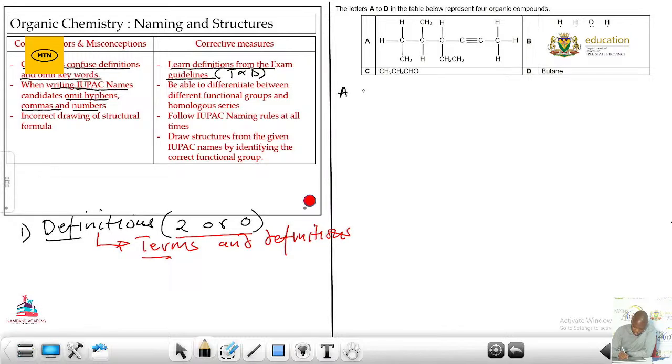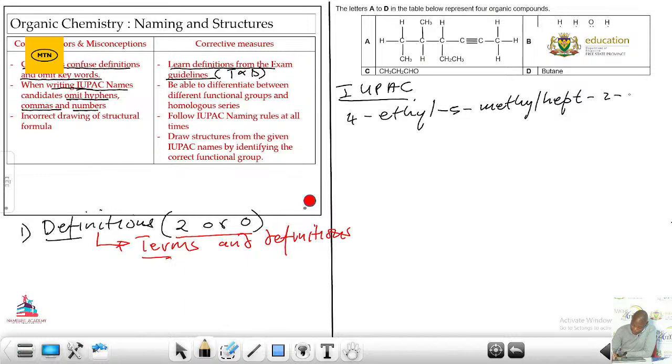When I use A as an example to give the IUPAC name of A, I have it here as 4-ethyl, 5-methyl, hept-2-ene. So this is quite a huge name for one to get right. You need to have a system, you have to have a way of approaching it. So this is the IUPAC name for A.